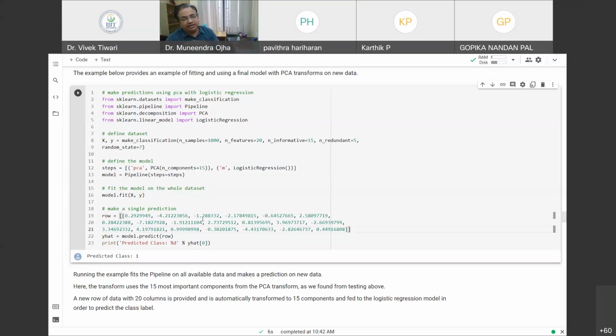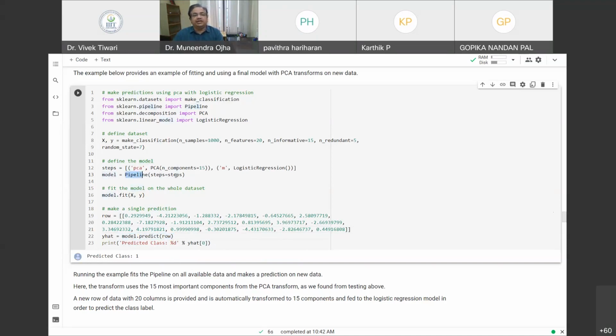It has seen training data that had only the 15 PCA components. It has not seen the original data. So the model is trained on PCA data, not the original data. How can you feed the original format of data to this model? That cannot happen.